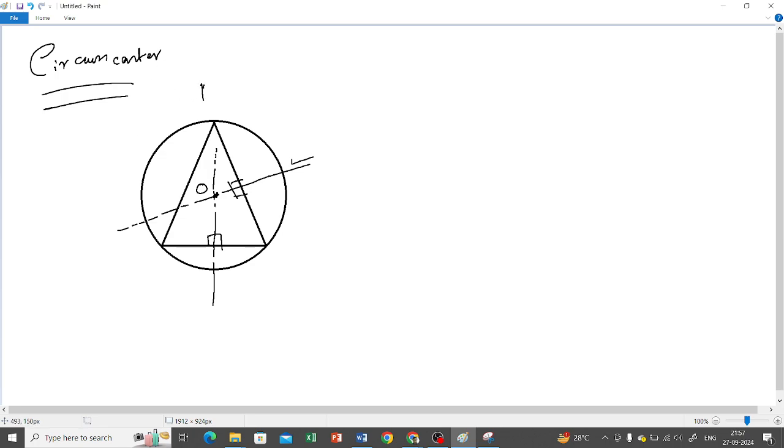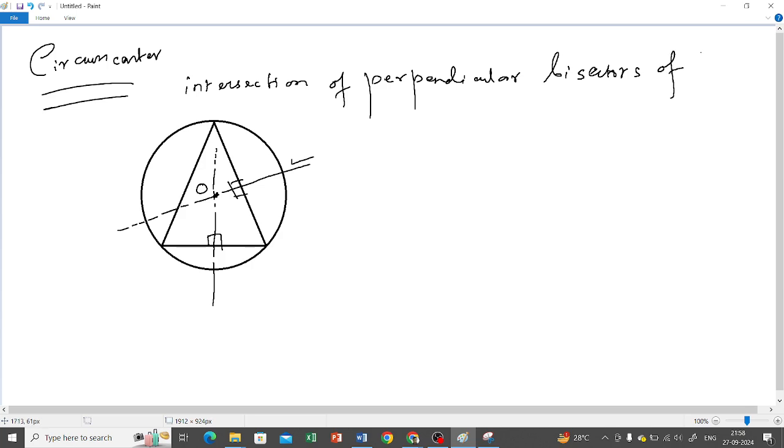So circumcenter is also called the intersection of perpendicular bisectors of the sides of a triangle.